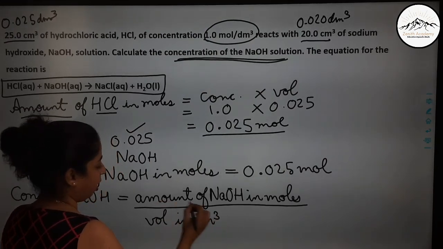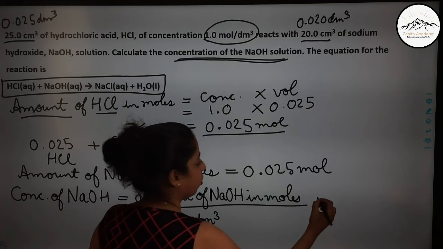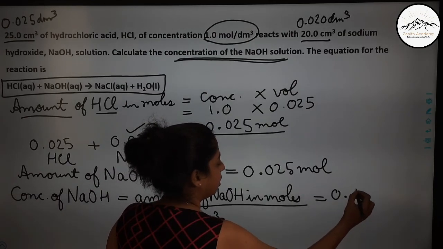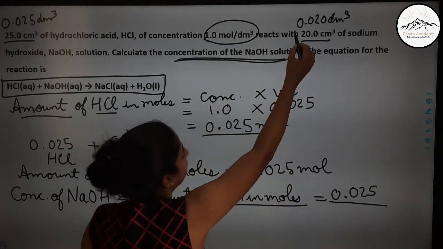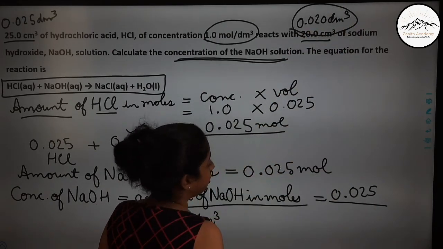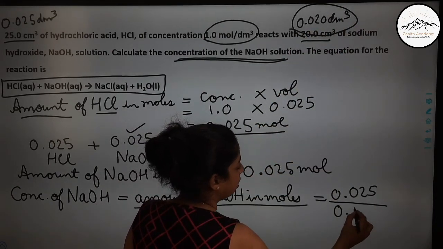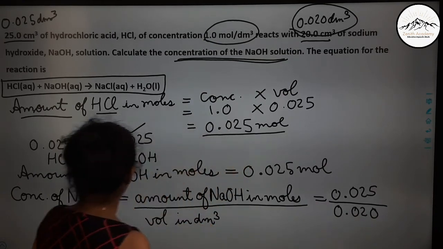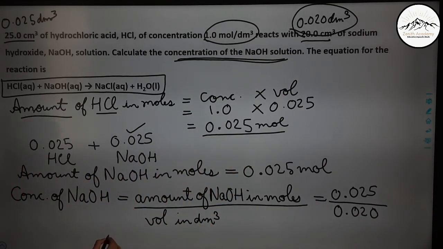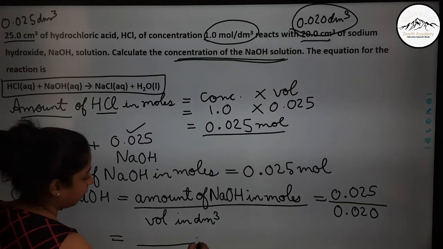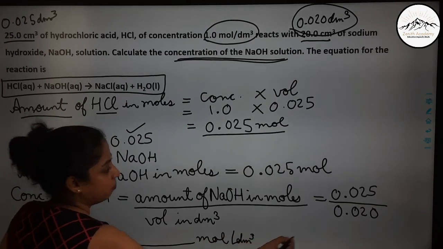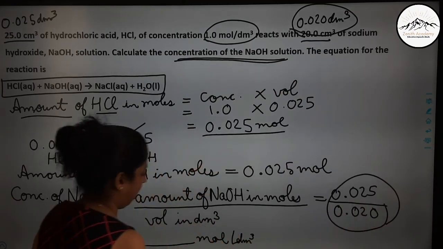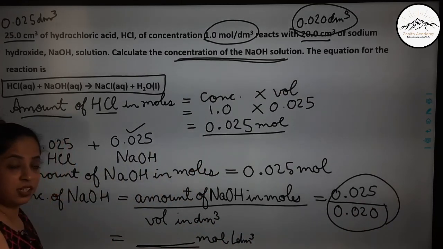Now here we have calculated the amount in moles, which is equal to 0.025, and the volume we have converted is 0.020. So the final answer of concentration of NaOH will be in mol/dm³. You just simply divide this and tell me the answer. Write the answer in the comment box.